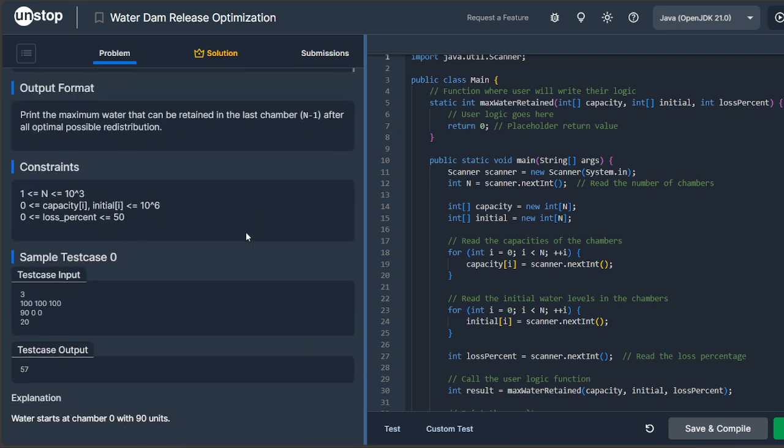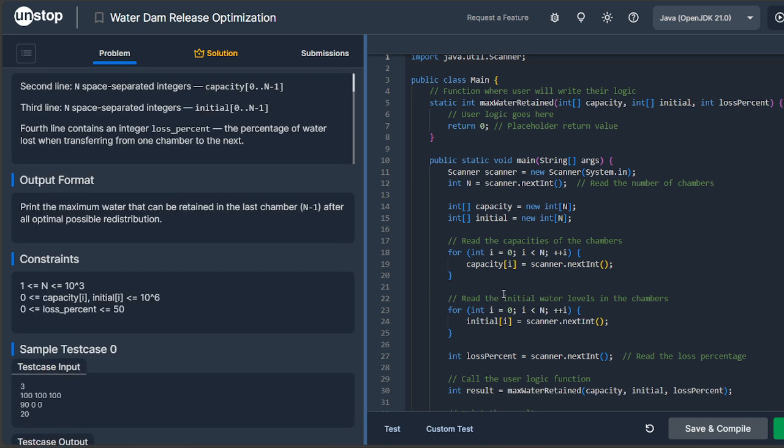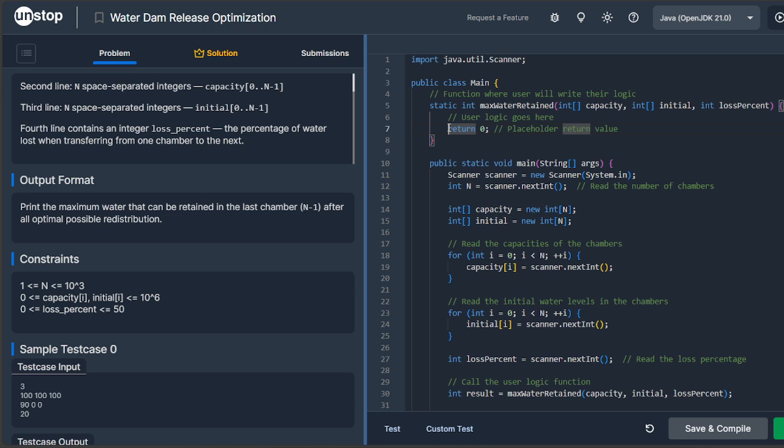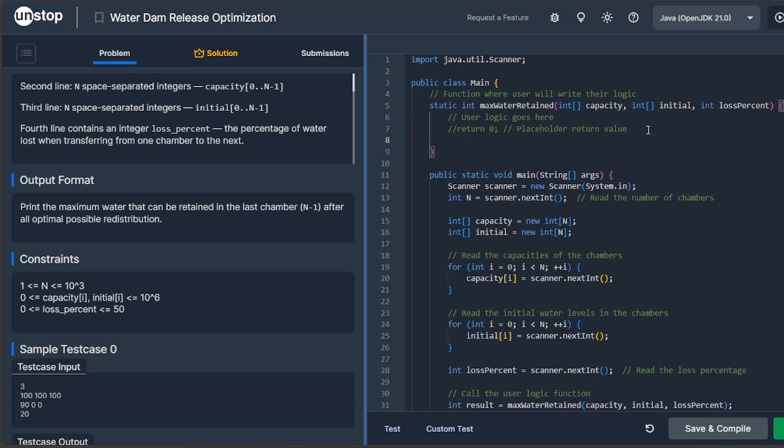So the constraints are 10 power 3, and capacity and initial are 10 power 6, loss percentage is 50. So let's do the code part of this. What do we need? We need n, right?